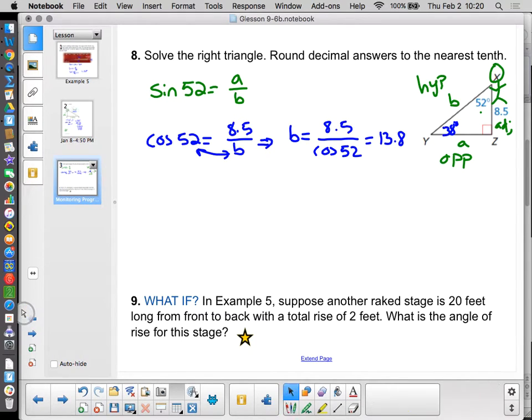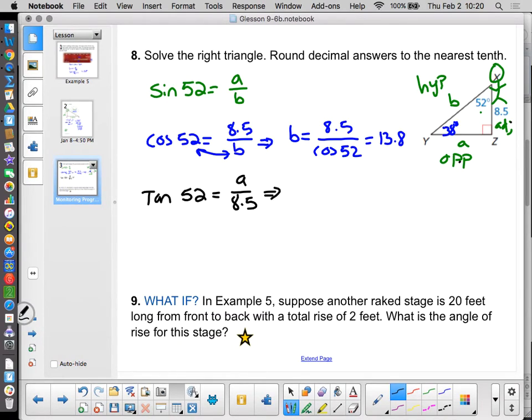I've solved B. Now I look at the tangent function. Tangent 52 is opposite over adjacent, A over 8.5. Oh, we can solve that. There's just one variable. Multiply both sides by 8.5.